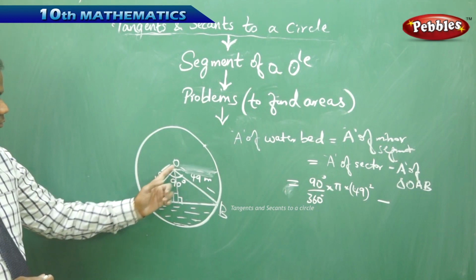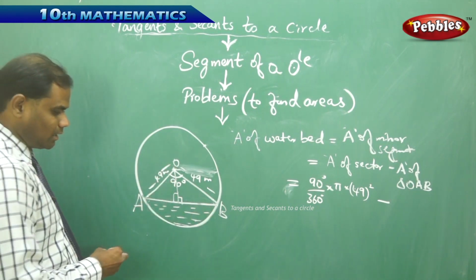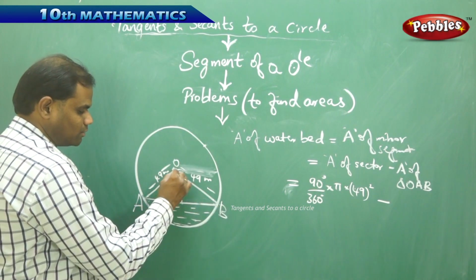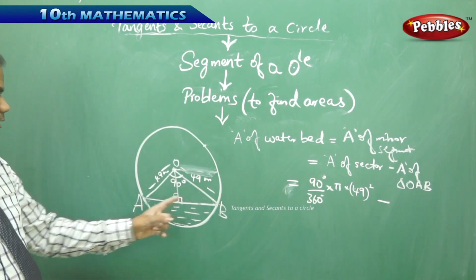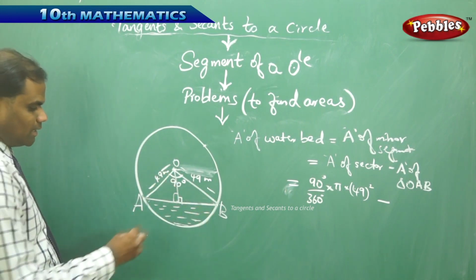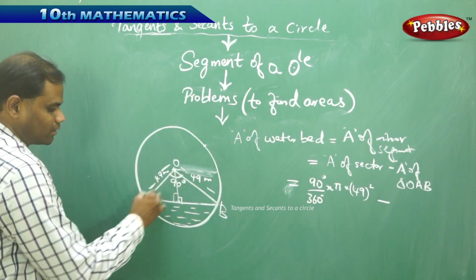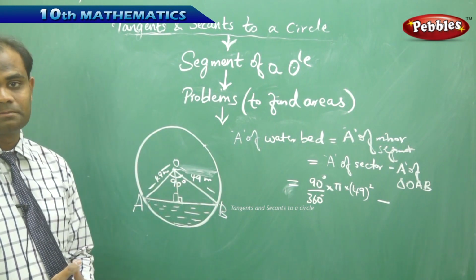Therefore, the area of triangle OAB will be half into base into height, but I don't have the dimensions here, so I utilize the condition of finding the area of the triangle using this measurement.